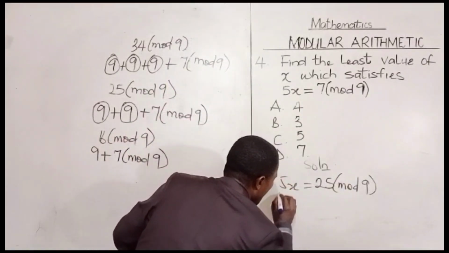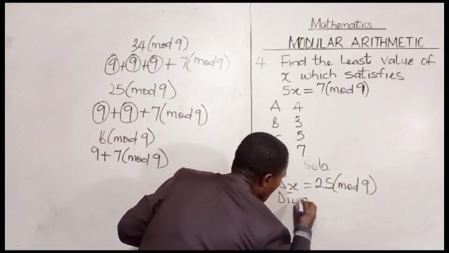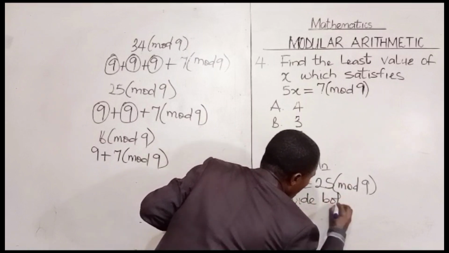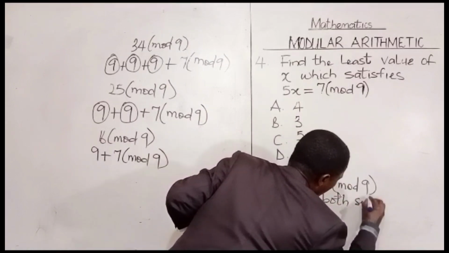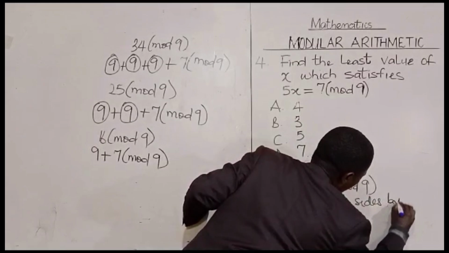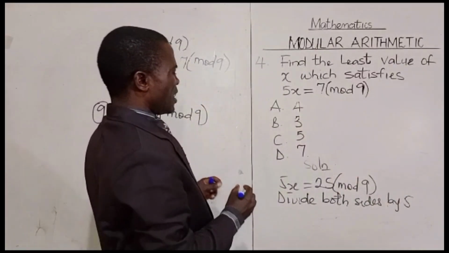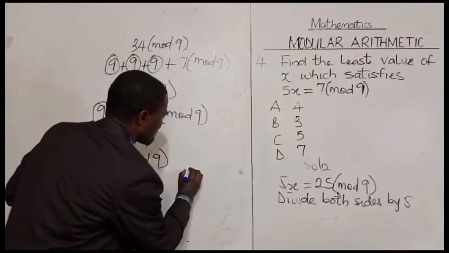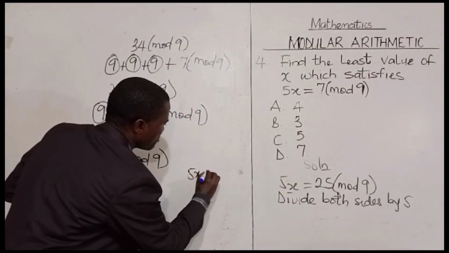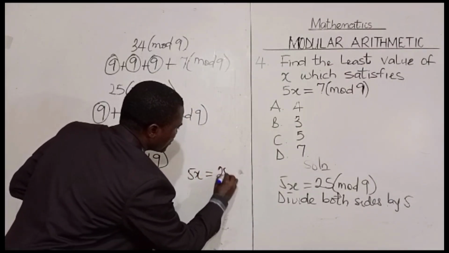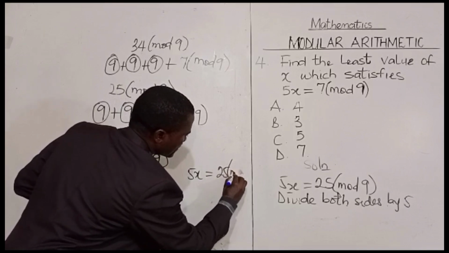We now divide both sides by 5. When we divide both sides by 5, we are going to have 5x being equal to 25 modulo 9.